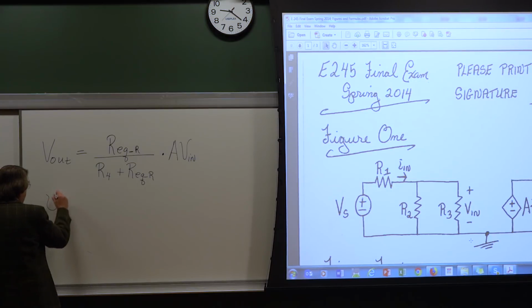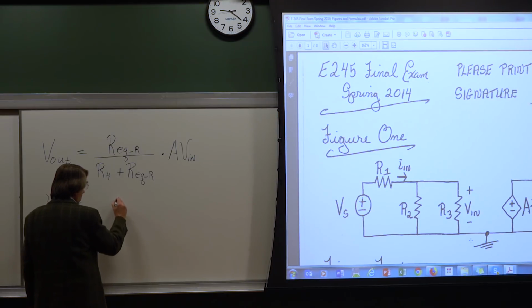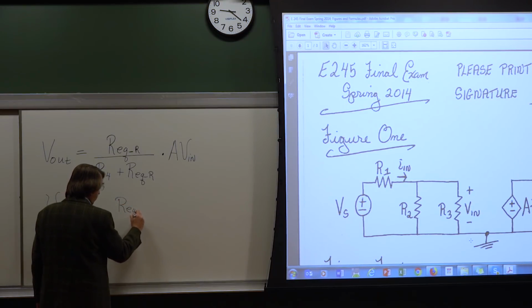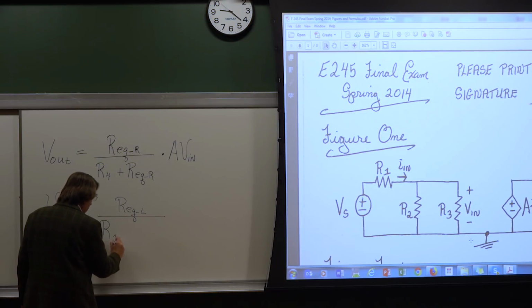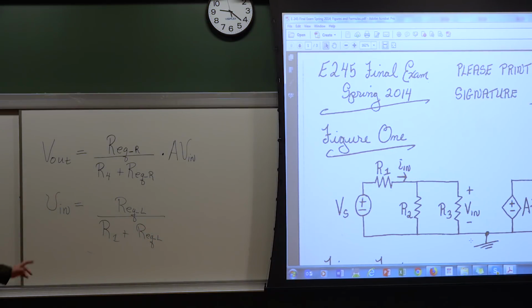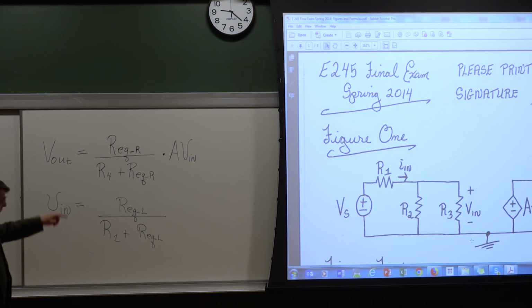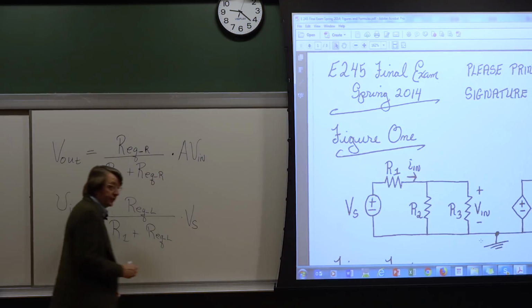And I think it's very similar. V in is REQ left. Again, using voltage division, REQ left over R1 plus REQ left. So that's the ratio, and I multiply that by Vs.